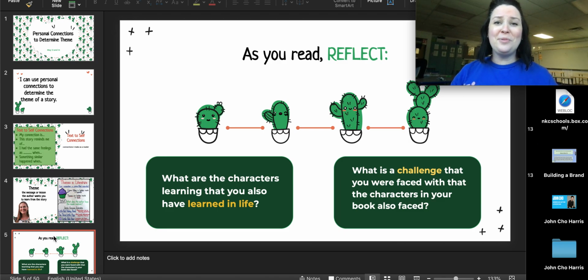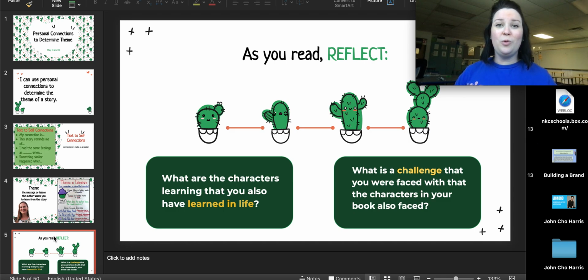As you read today, we're asking that you reflect. What are the characters learning that you have also learned in life? Relate what they're learning to what you've learned, or a big lesson you've had to learn in your own life. And what is a challenge that you were faced with that your characters in the book also faced?